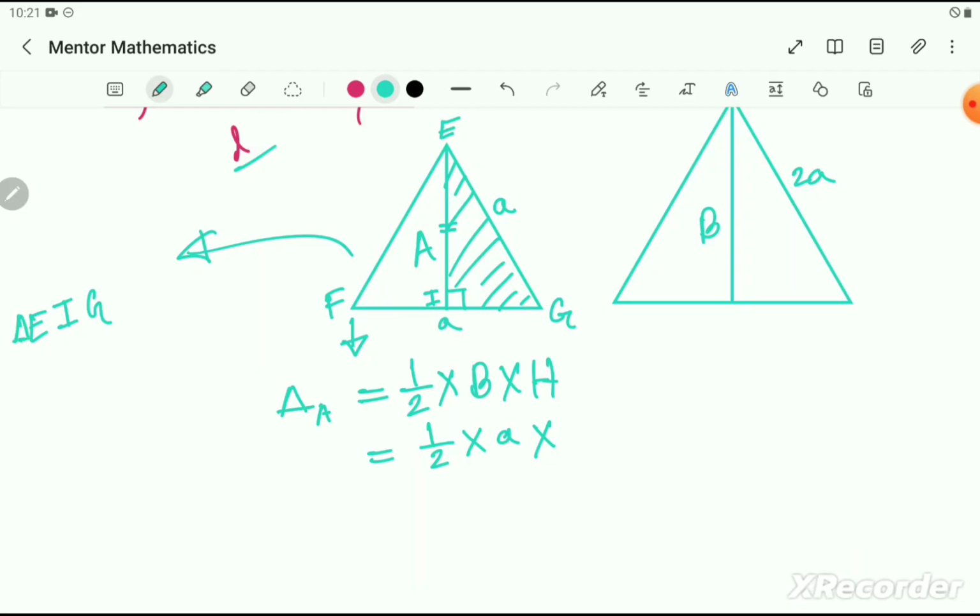This is a right angle triangle, right? So this angle is 90 degrees. It's a right angle triangle.